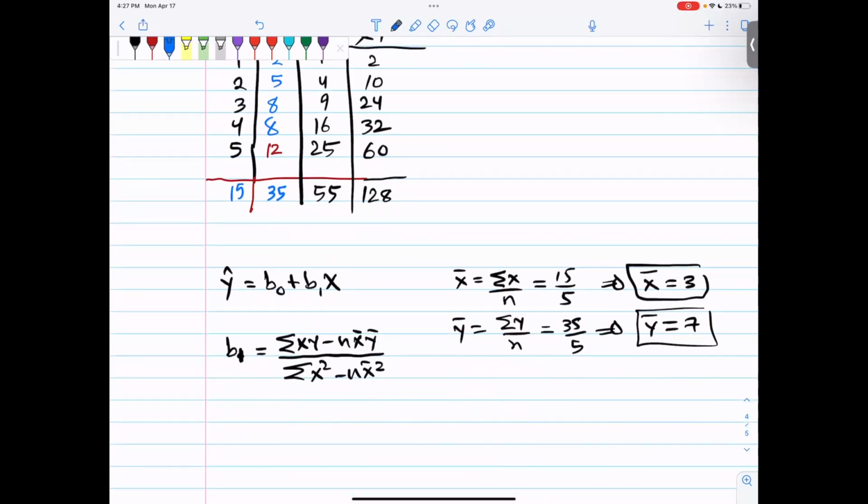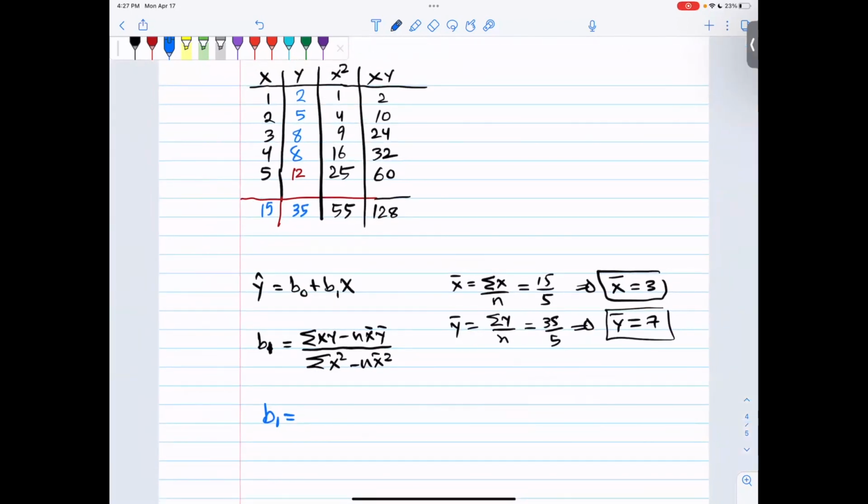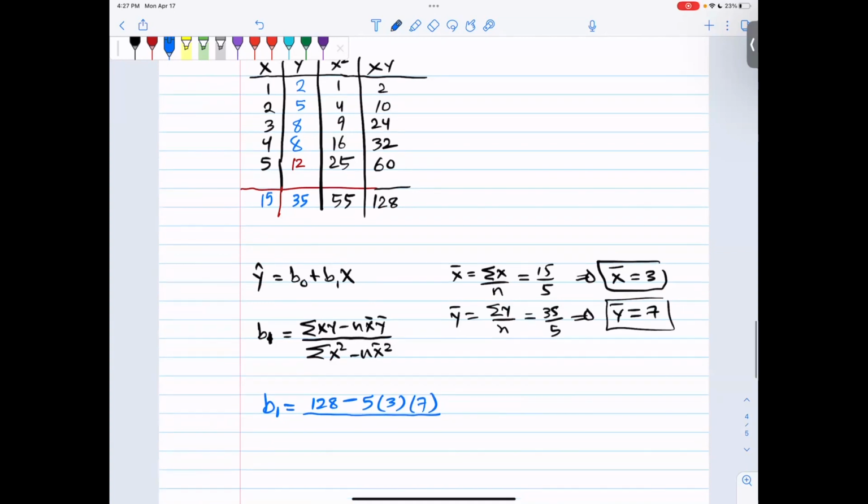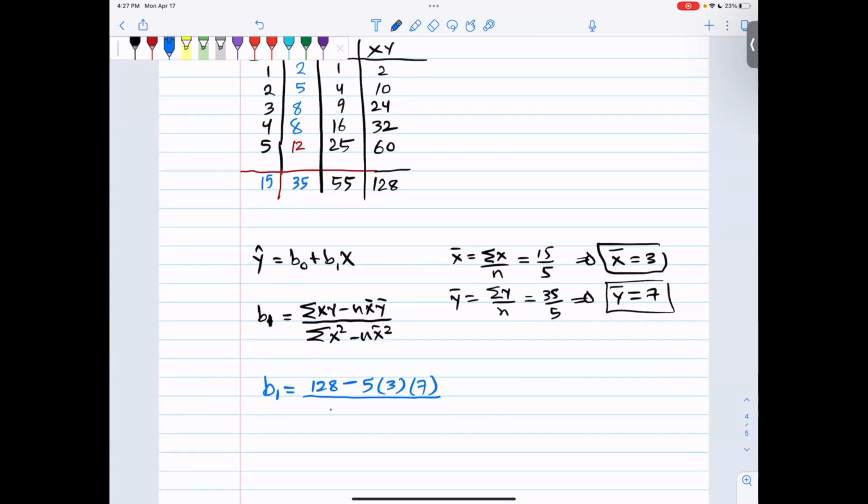So now we'll find beta 1 equal to 128 minus 5 times, okay, and then we have summation x squared, which is 55, minus 5 times x bar, which is 3, squared.